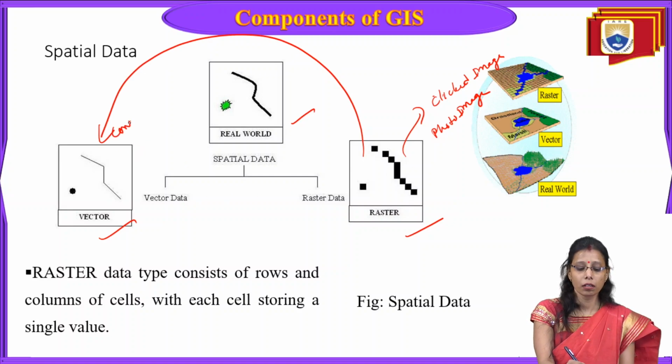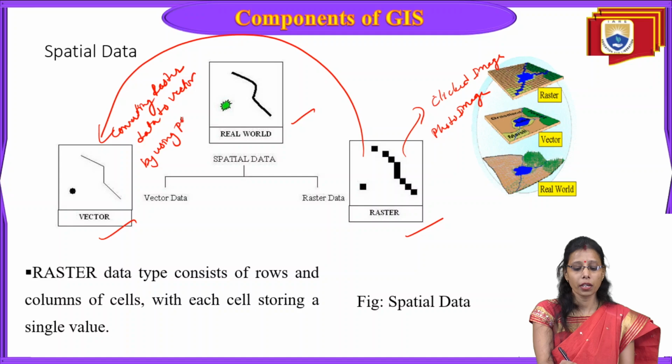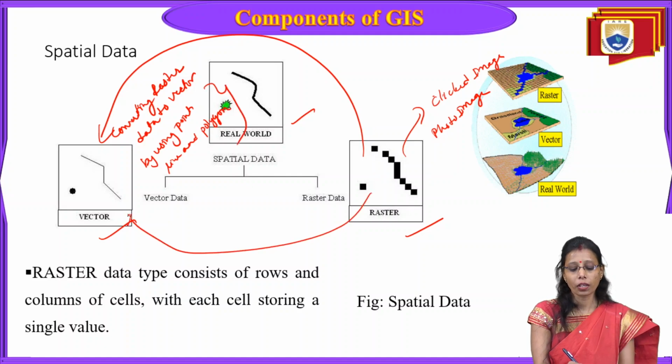Vector is converting raster data to vector by using point, line and polygon. These three features, if we use, we can convert this entire raster data to vector.